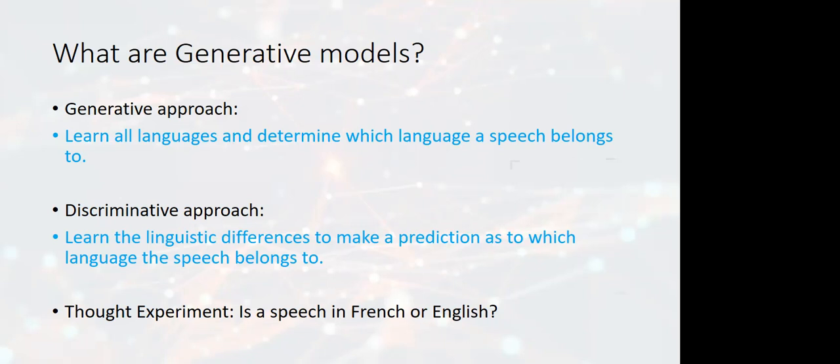The French put more stress on certain sounds, like their R's, which are easy to identify in a speech. It is much easier to identify the differences than to learn the entire language. This can be used as an intuitive thought experiment to understand why it is so much harder to train generative models than discriminative models.